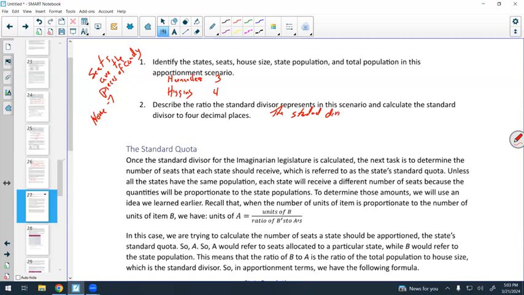The standard divisor is the ratio of the number of children to the number of pieces of candy.